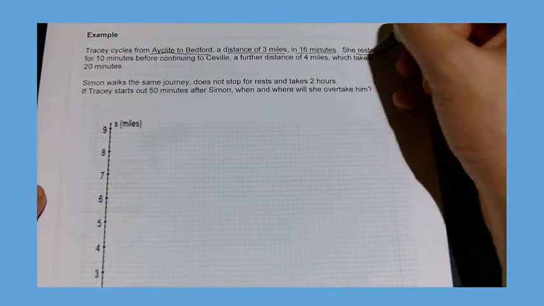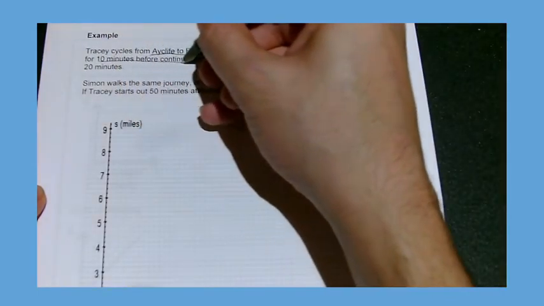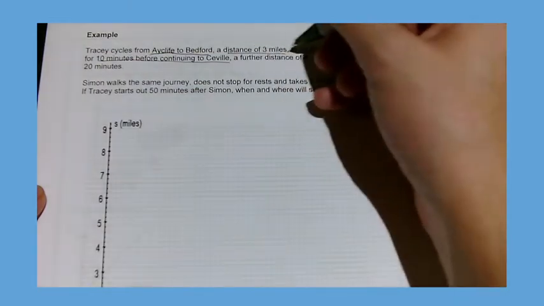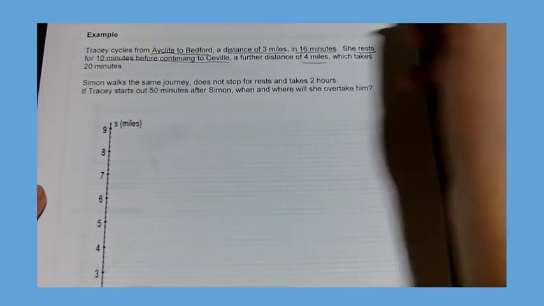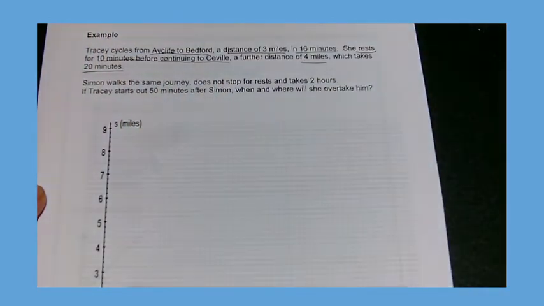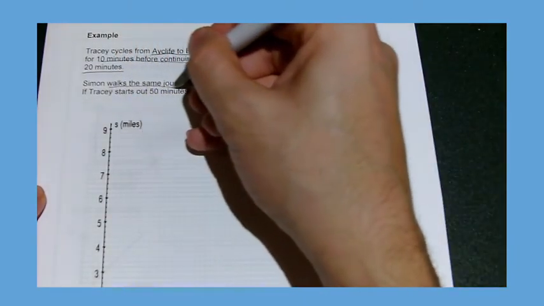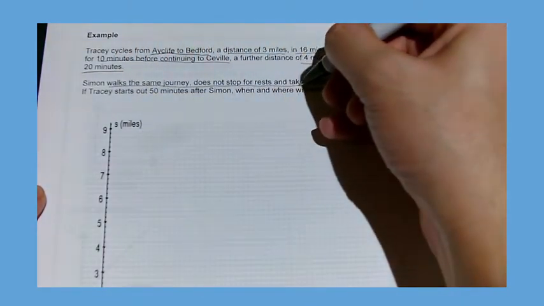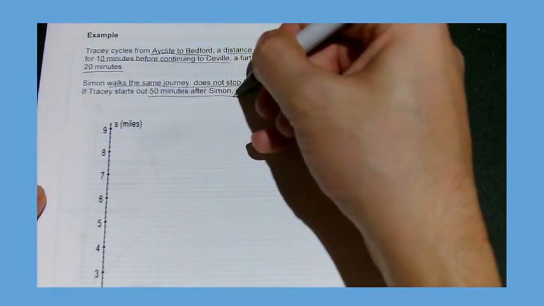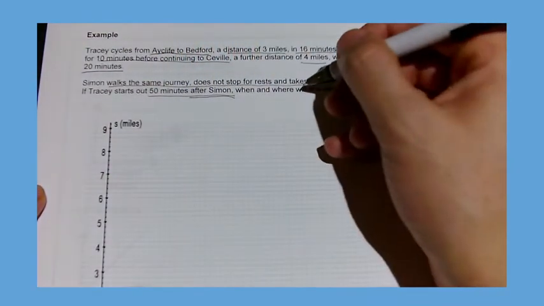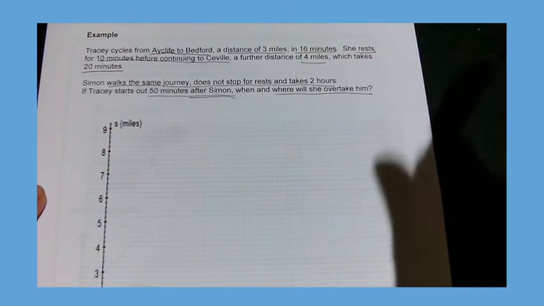She then rests for 10 minutes before continuing to Seville, a further distance of 4 miles, which takes 20 minutes. Simon walks the same journey, does not stop for rest, and takes 2 hours. If Tracy starts out 15 minutes after Simon, that's quite important, when and where will she overtake him?